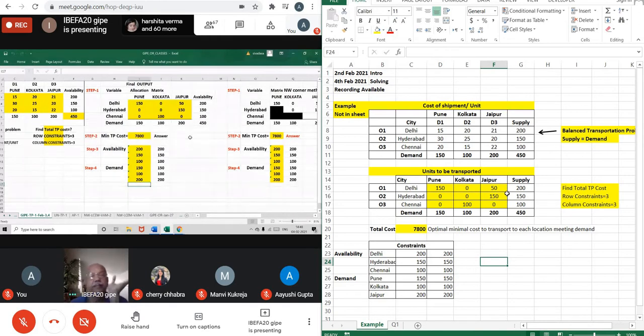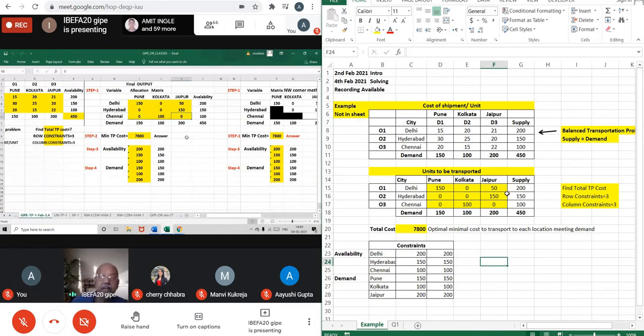Finished. So 7800 multiplied by 100 will be the total minimum transportation cost to meet the demand: 150 for Pune, 100 for Kolkata, 200 for Jaipur. Delhi is not sending to Kolkata. Hyderabad is not sending to Pune and Kolkata. Chennai is not sending to Pune and Jaipur.